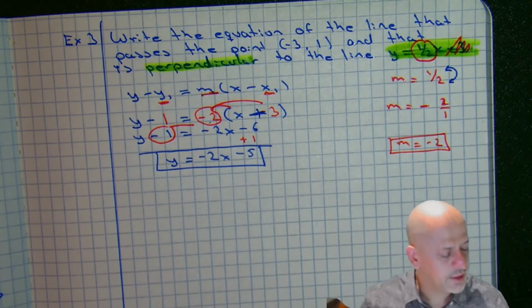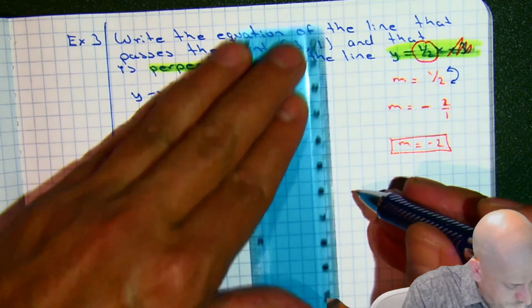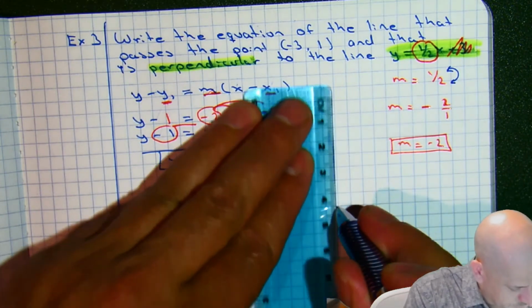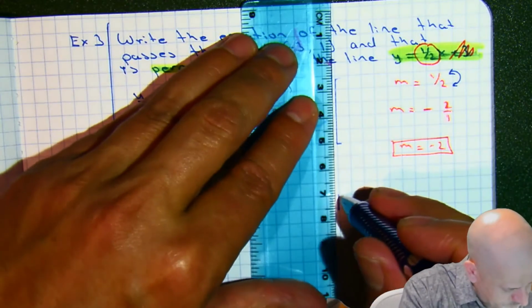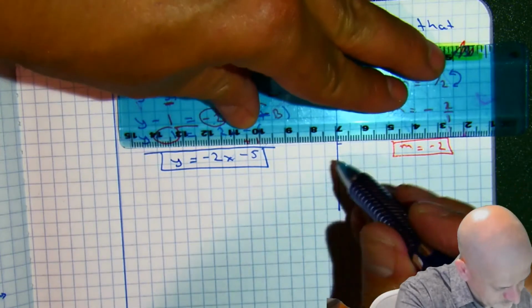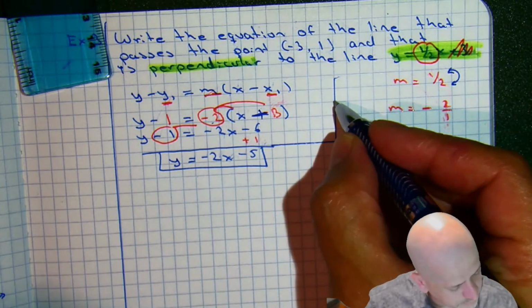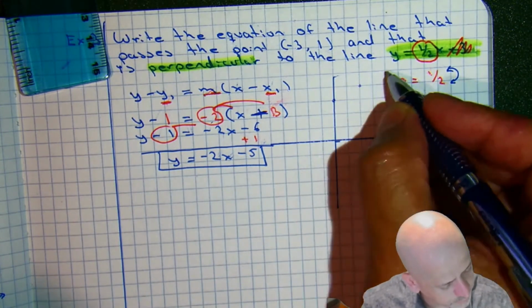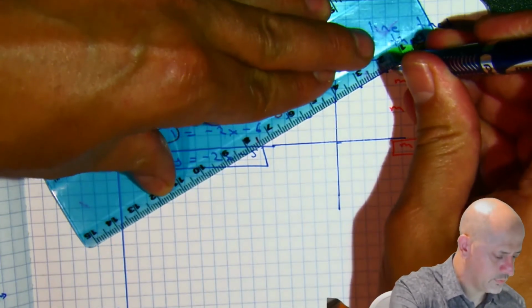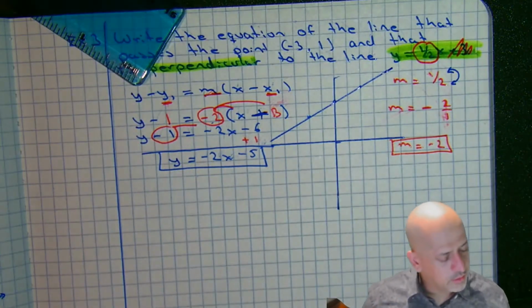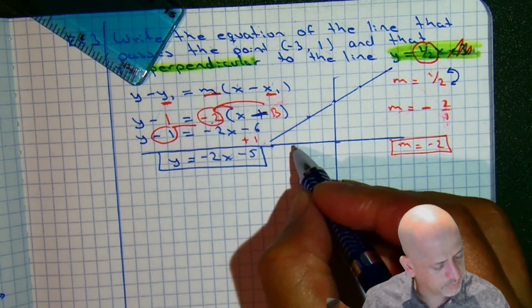If I make a quick sketch, my old line has a y-intercept of positive 3, and my slope was up 1 to the right 2, or the opposite. Notice that I need the perpendicular line that's going to go through the point -3 and +1.